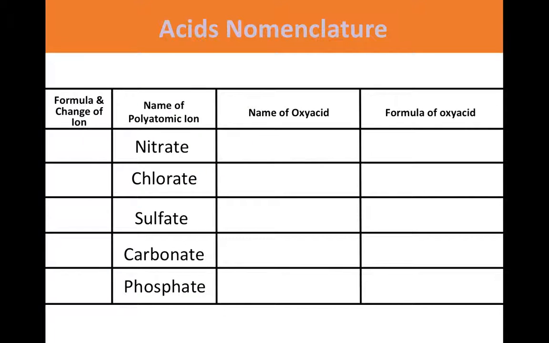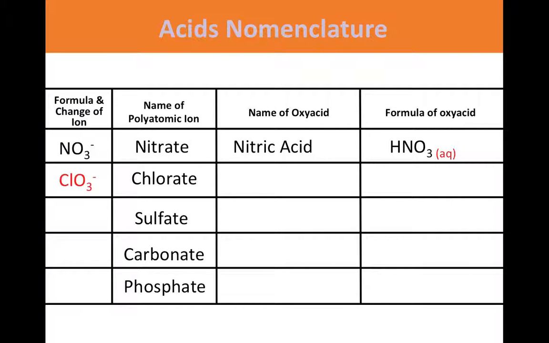Let's take a look at some of the oxyacids that could form from nitrates, chlorates, sulfates, carbonates, and phosphates. So NO3, you get nitric acid, and the formula is HNO3(aq).